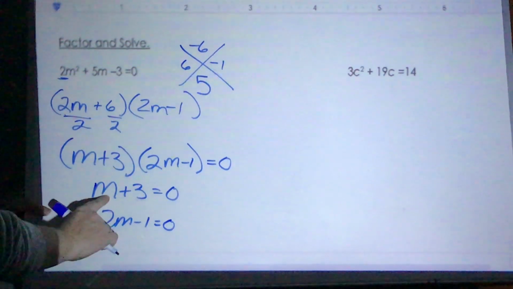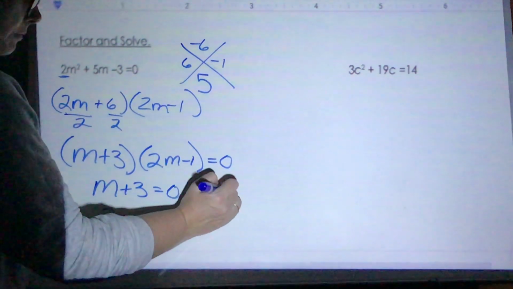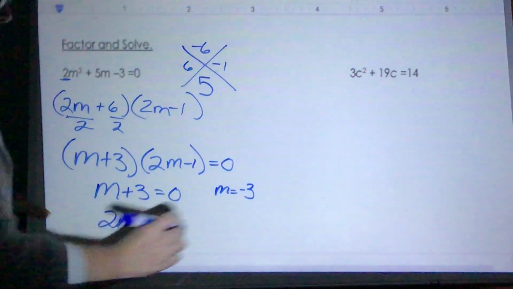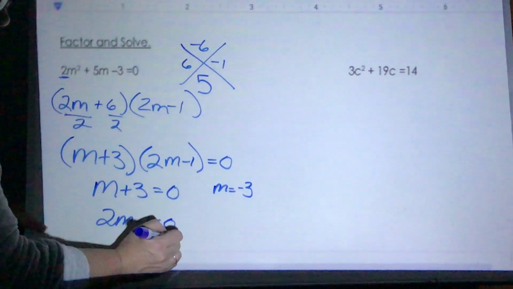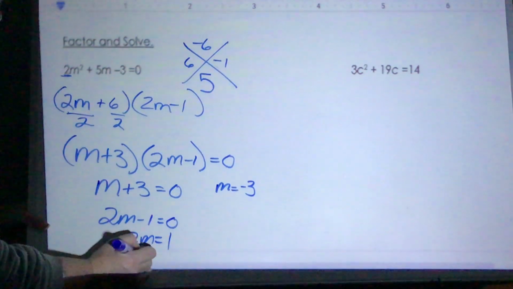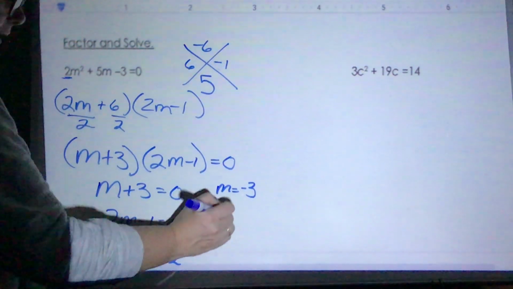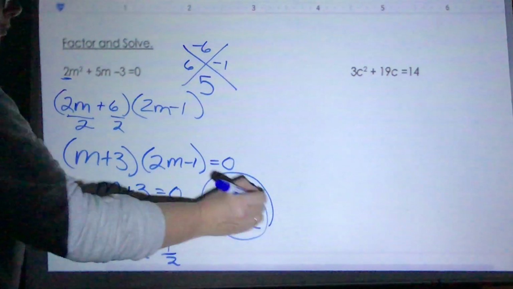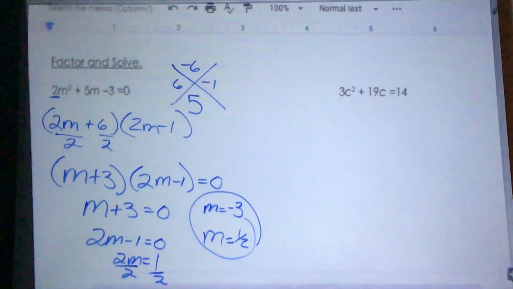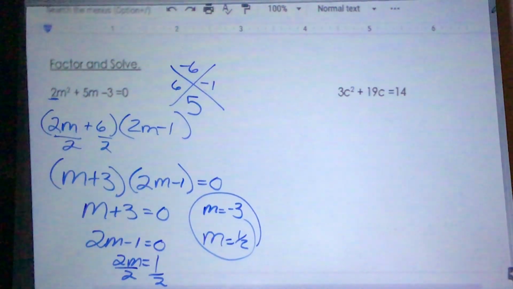So now I'm going to solve it. This one will give me m equals -3. Or if I solve this one, I'm going to bring over the 1 as positive, divide by 2, and I get m equals 1/2. So those would be my two solutions, roots or zeros, that work for this.